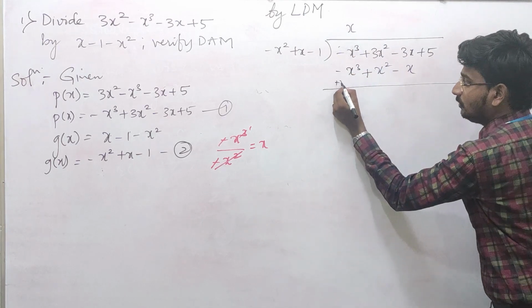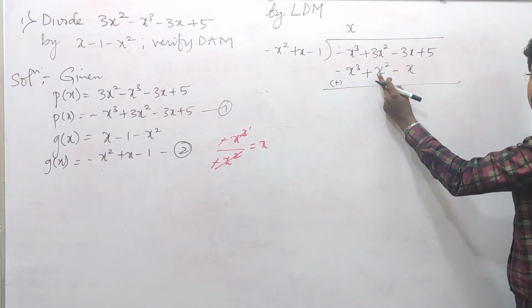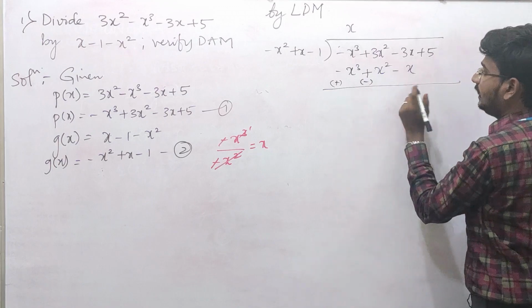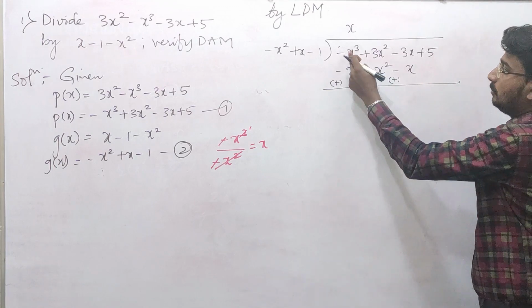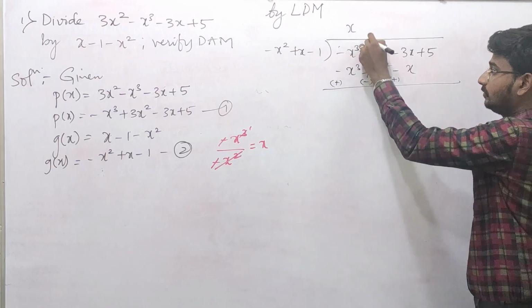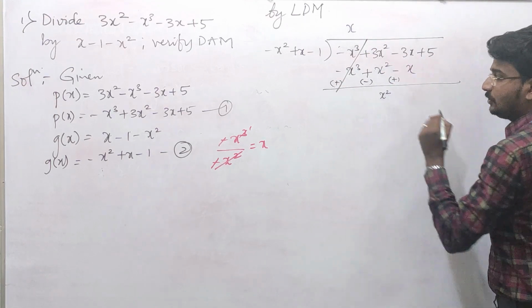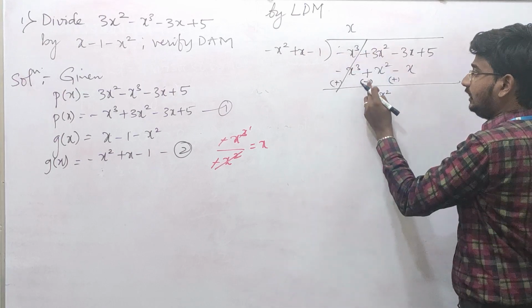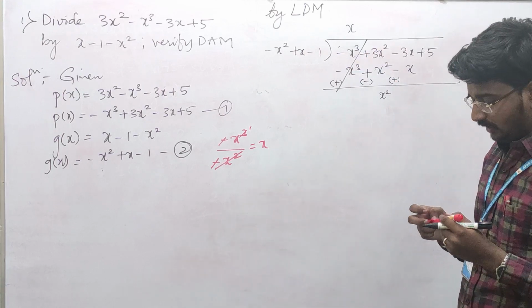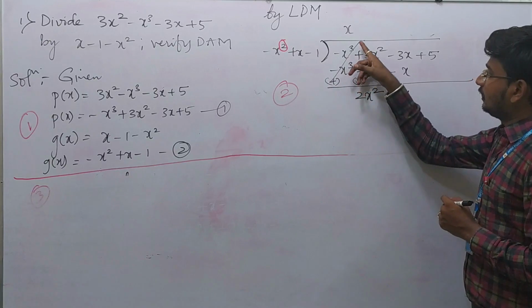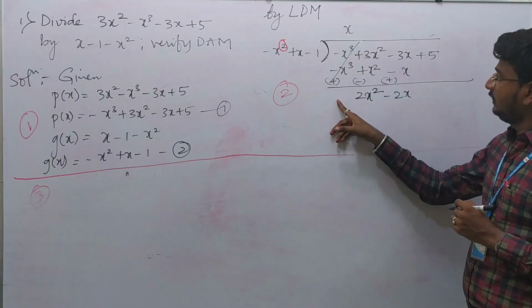So minus will become plus, plus will become minus, and again minus will become plus. Minus x cube plus x cube cancels. Now x square you can keep it as usual. It is plus 3 minus 1.